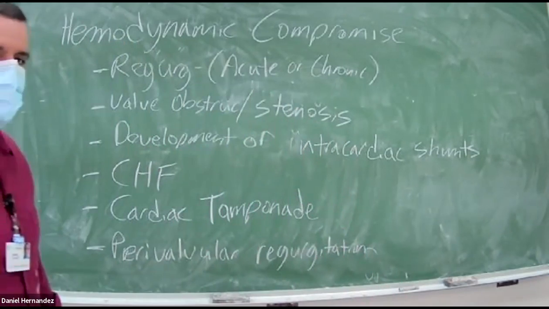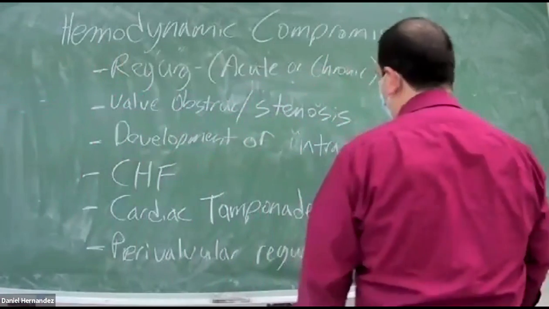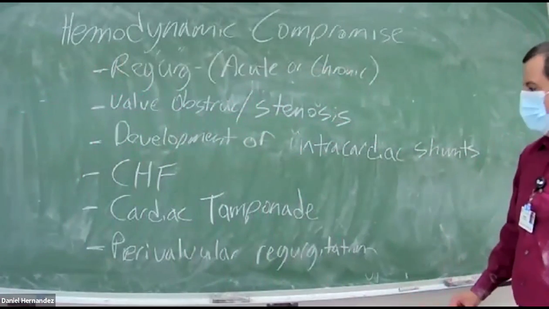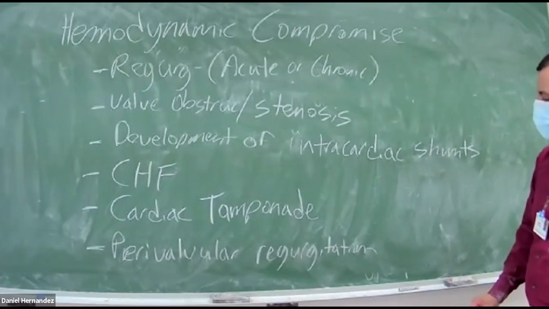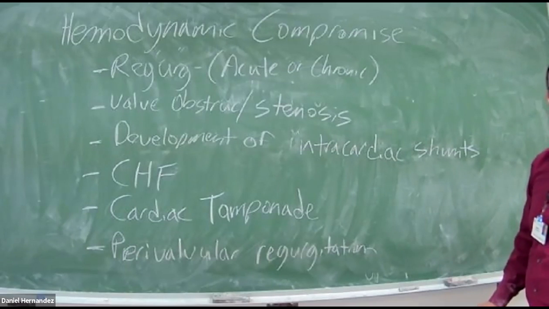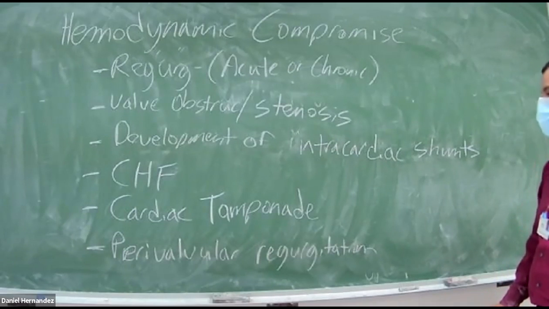So that abscess formation at the annulus potentially causes dehiscence and that separation, and we wind up with perivalvular regurgitation. So it's not only with the prosthetic valves, it can potentially be with our native valves as well.